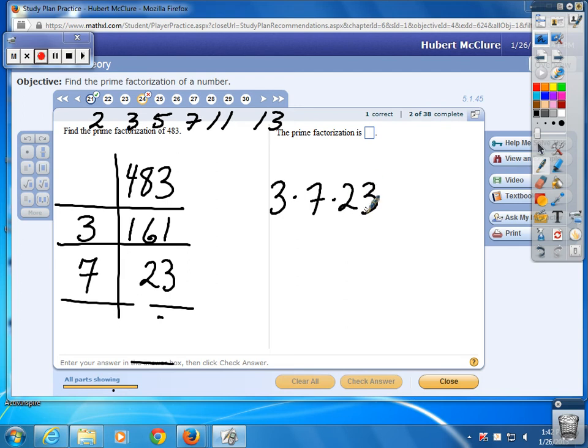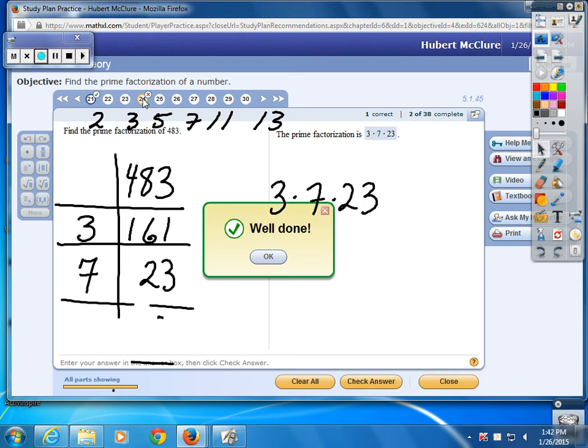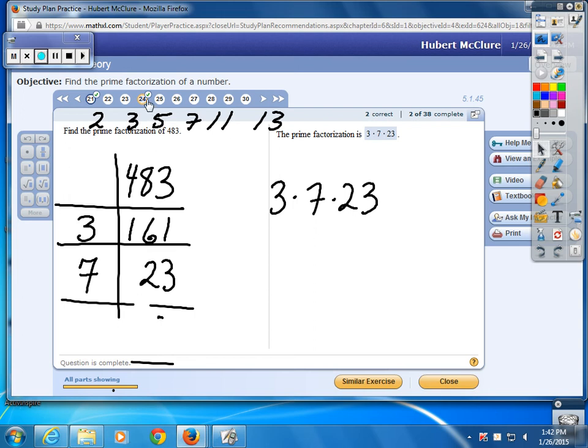So now you take your handy dandy cursor, go up here and type in 3 times 7 times 23, and watch your little X on 24 right here turn to a what?